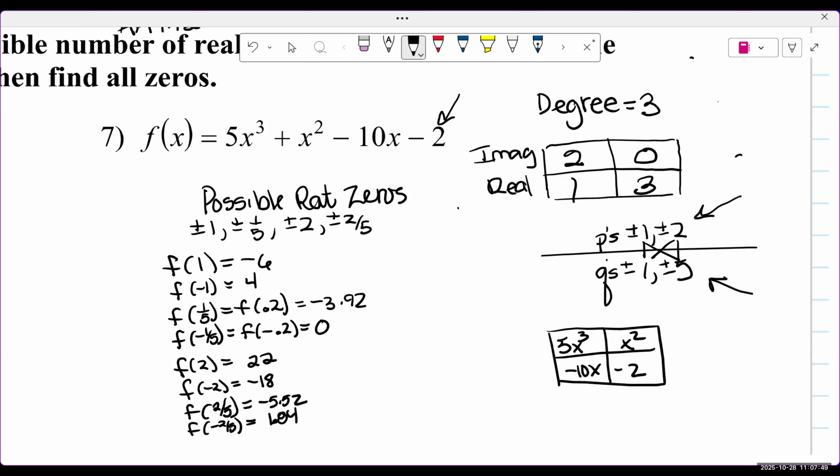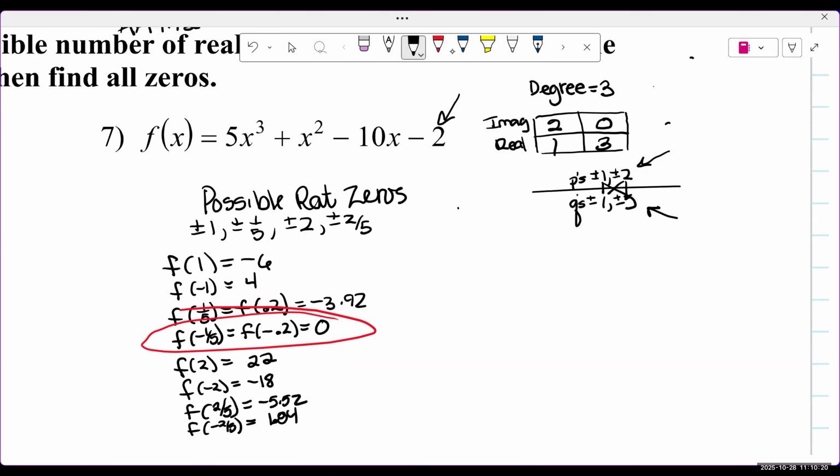Okay, so I plugged in all my possible rational zeros. Can you see which one is going to give me the 0? It's right here. Okay, so x is equal to negative 1/5 is one of my zeros.